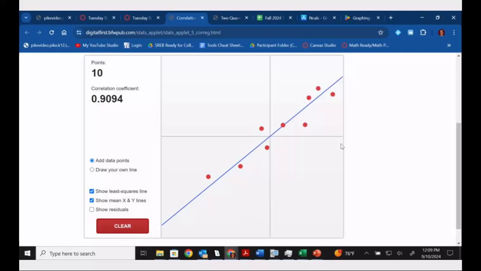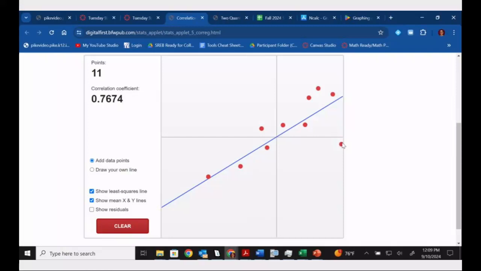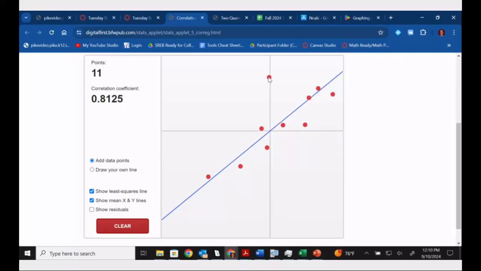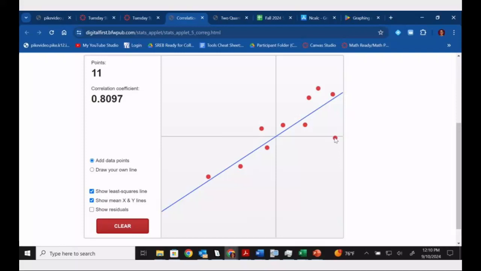I want you guys to watch those gray lines in the background, that X mean, Y mean. If I add a point over here, if I add a point over here, if I add a point down here, and up here, did my least squares line ever not coincide with the mean X, mean Y?